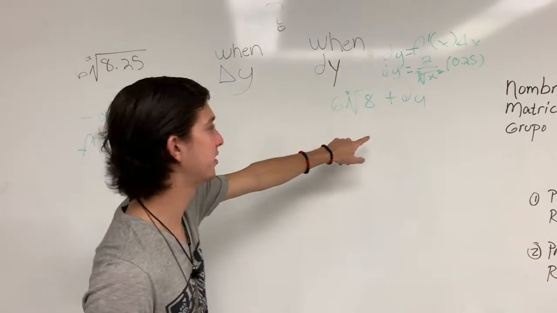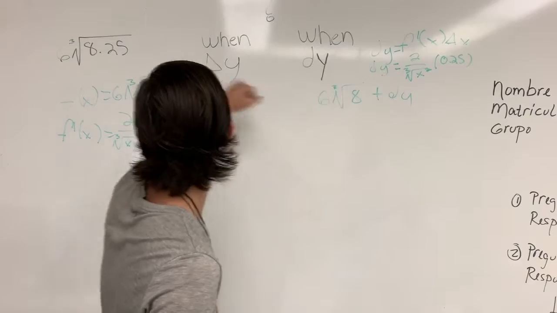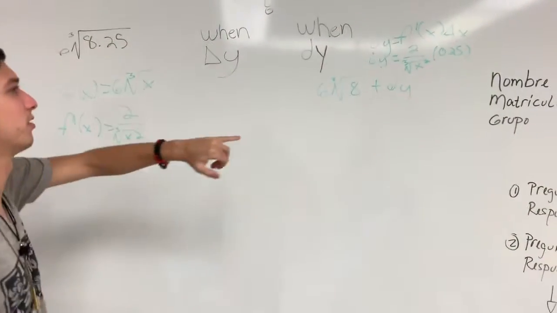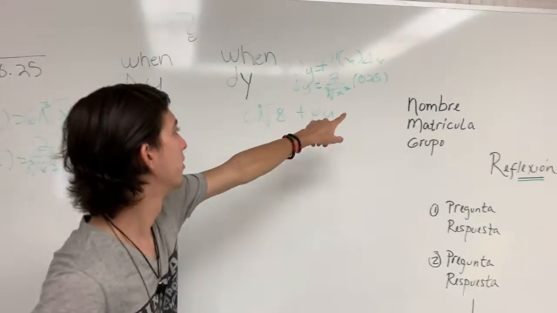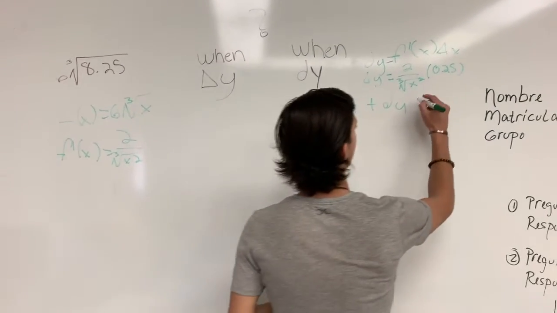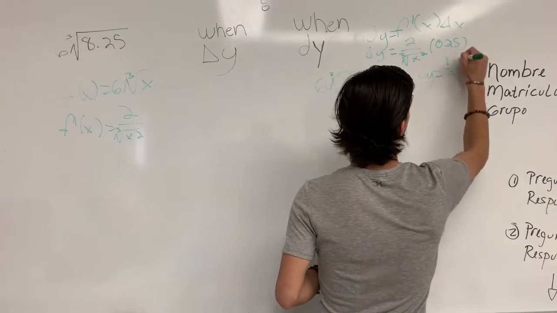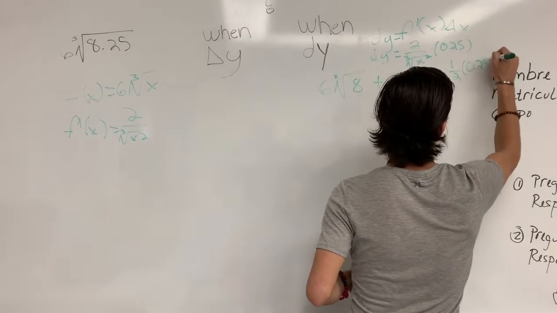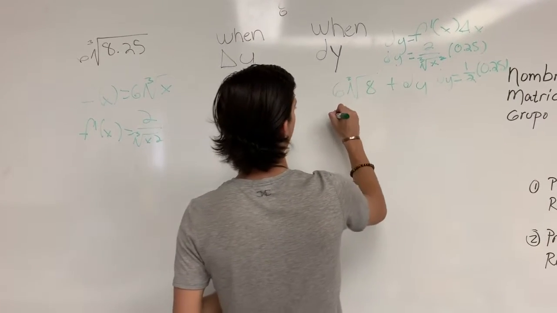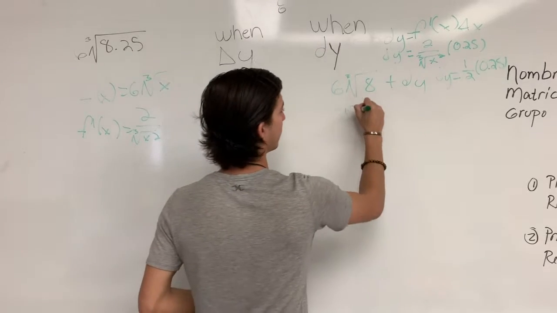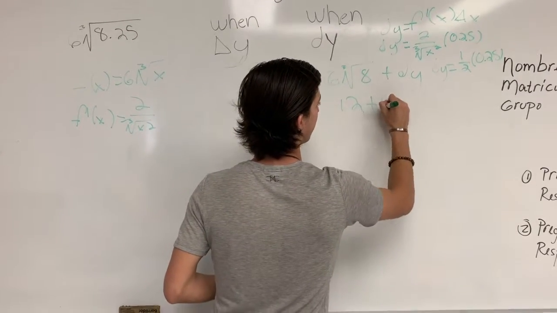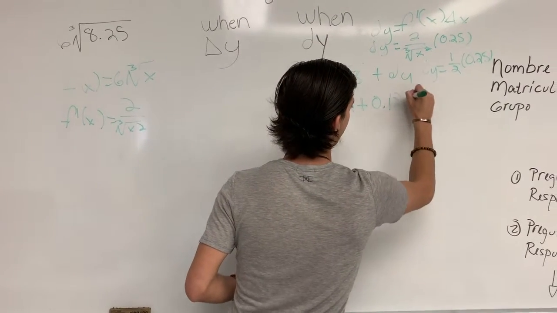Delta x is the difference in x's, so if here we put 8, here is 8.25, the difference is 0.25. So the answer of dy equals 1/2 times 0.25, which will make 12 plus 0.25.